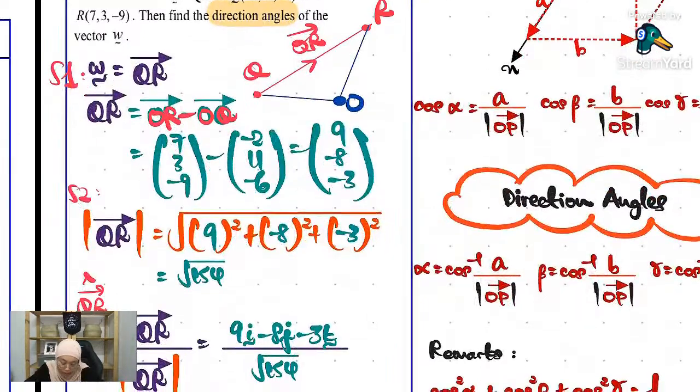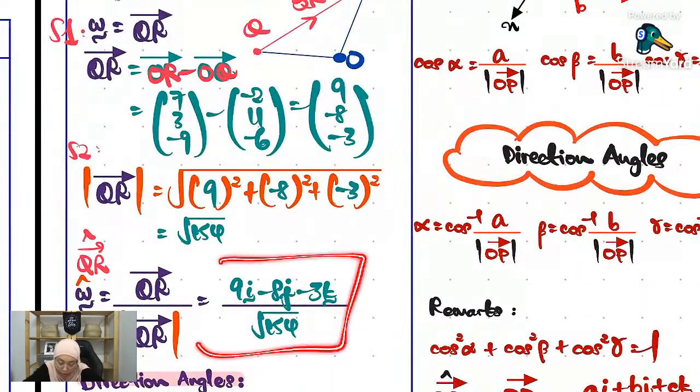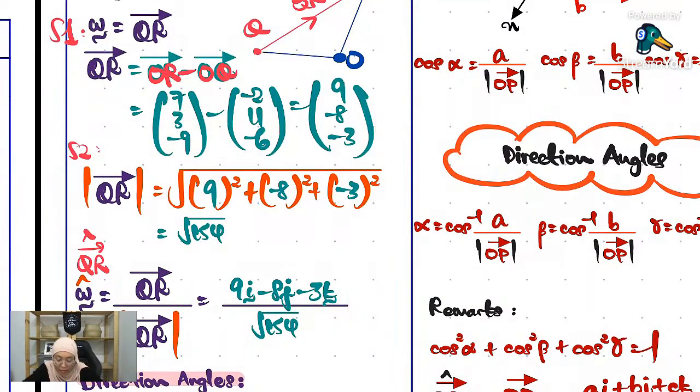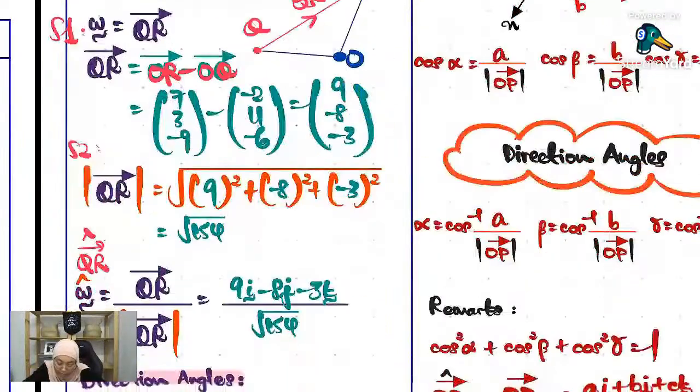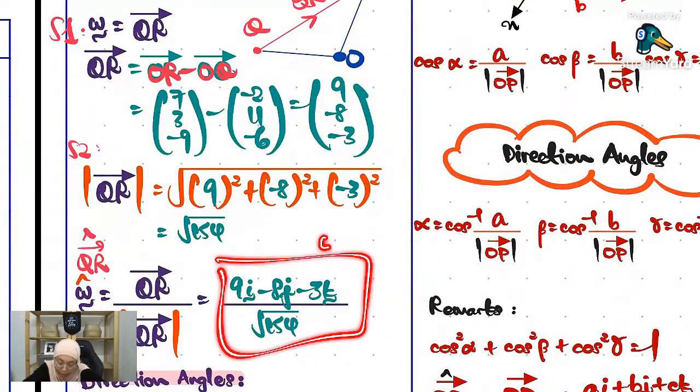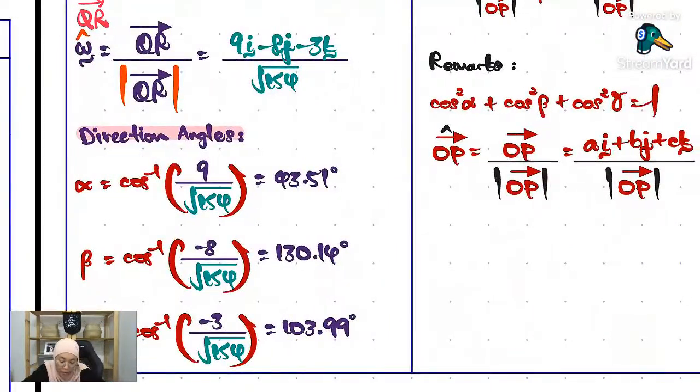Alright, so basically be careful there. We do not stop at direction only. We must find the unit vector, because it asks for the unit vector. And so this is my unit vector of W. And so this is my direction angle. My direction angles alpha, beta, gamma equal shift cos.